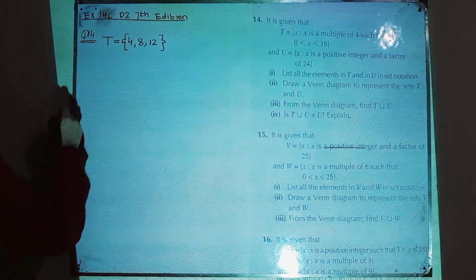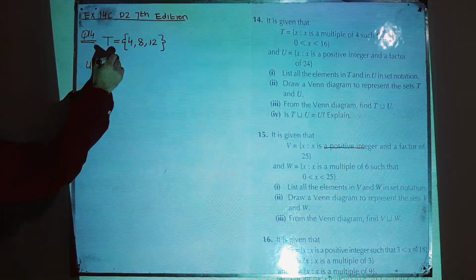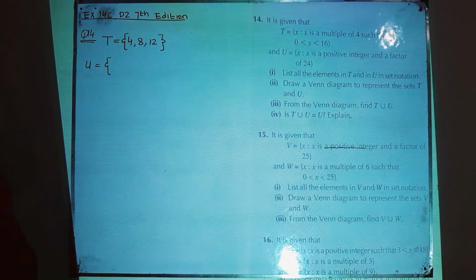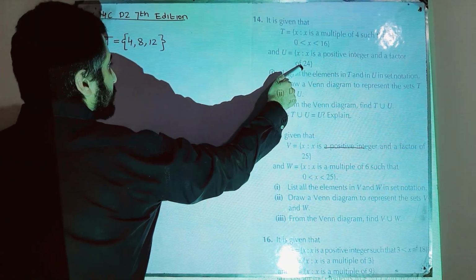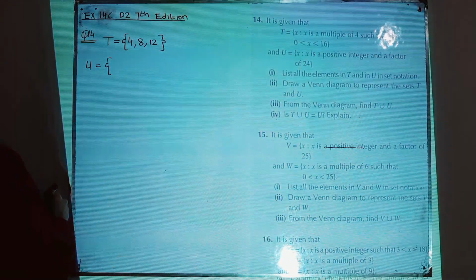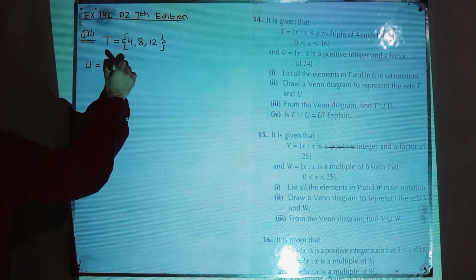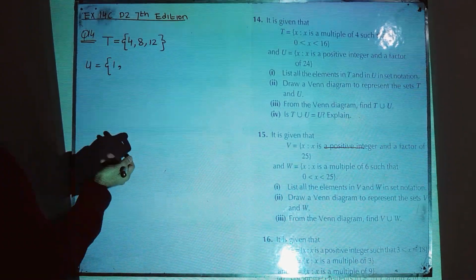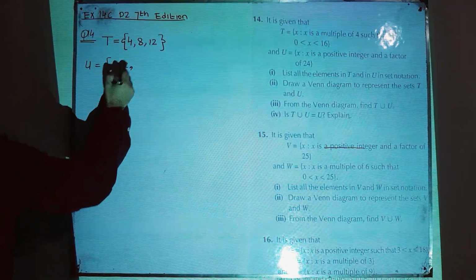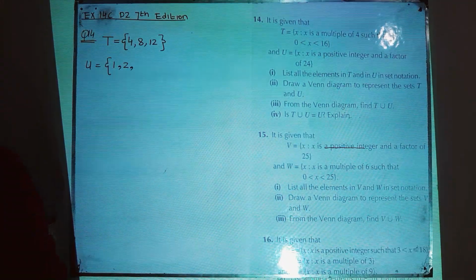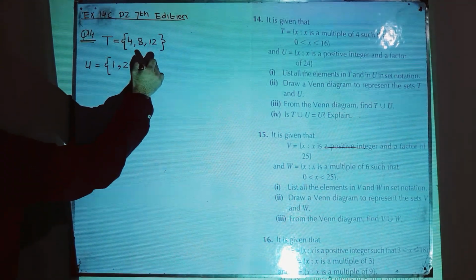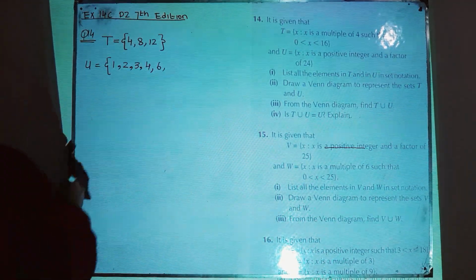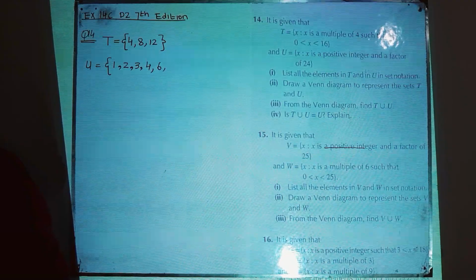Then we have got a set U that has elements which are positive integers and they are factors of 24. Okay, so 1 is a positive integer and a factor of 24, 2 a positive integer and a factor of 24, 3 a positive integer, a factor of 24, 4, 6 both are positive integers and factors of 24.